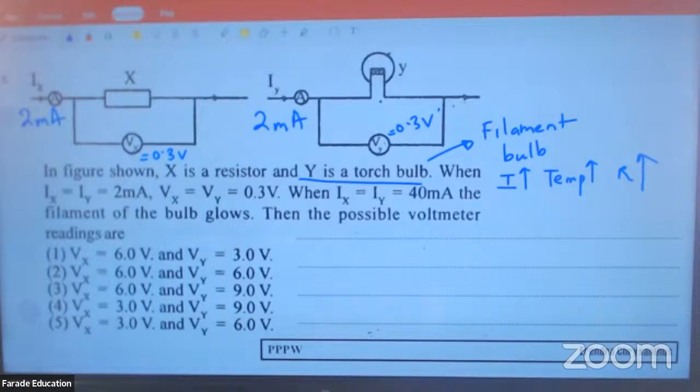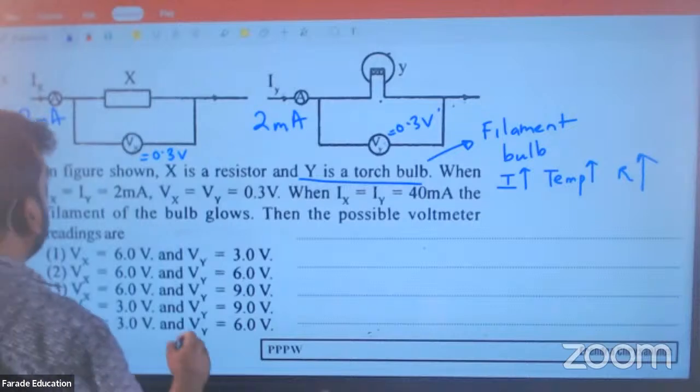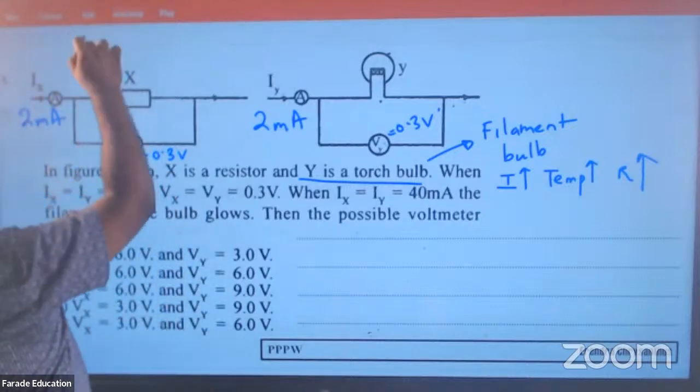When Ix is 40 milliampere, the filament of the bulb glows. Then the possible voltmeter readings are, so be careful. So be a bit smart here. This is very basic work.